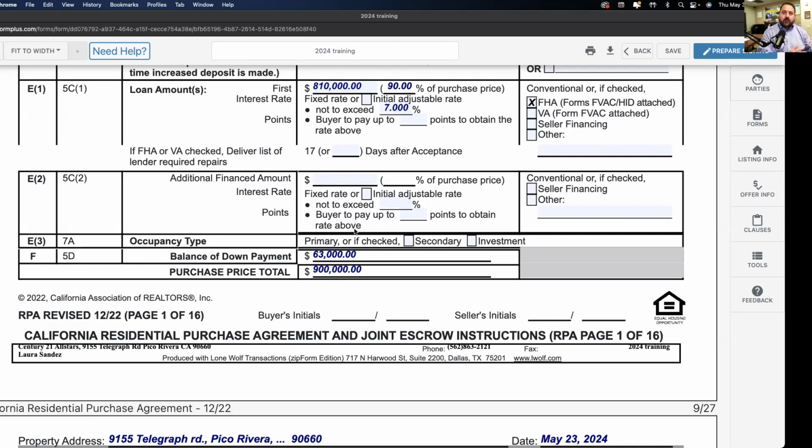And just so those of you that are unfamiliar with what that means, back in the old days before the 2008 collapse, back in the early 2000s, people were buying property and we were calling it 100% financing. But what it was, was a first trust deed and a second trust deed.